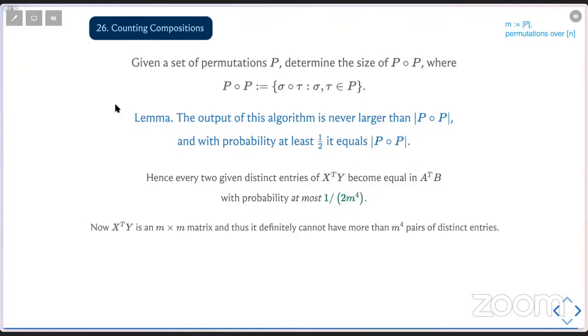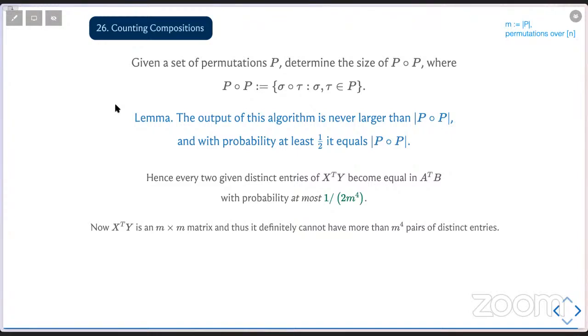And how many pairs of distinct entries do we have to worry about? Well, X transpose Y is an m by m matrix. It has m squared entries. So the number of pairs that you can form with m squared entries, these are the things that you have to worry about, whether they remained distinct or not.